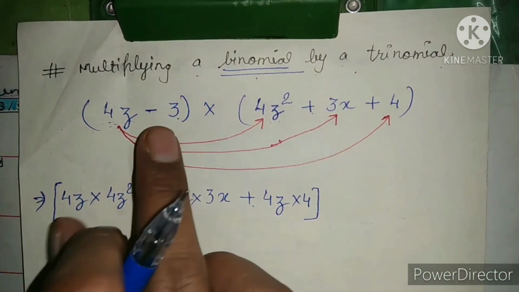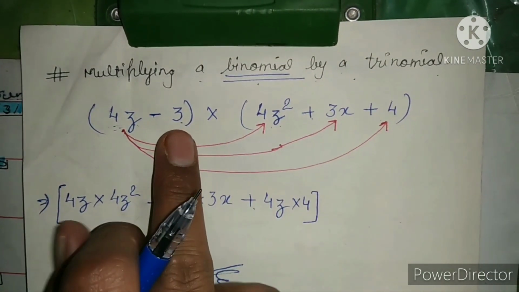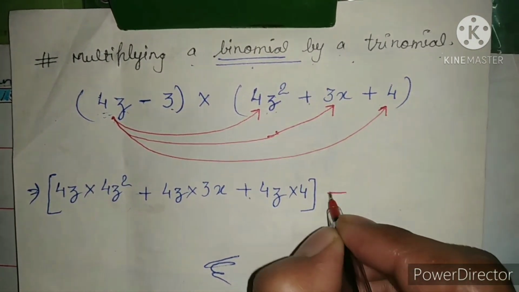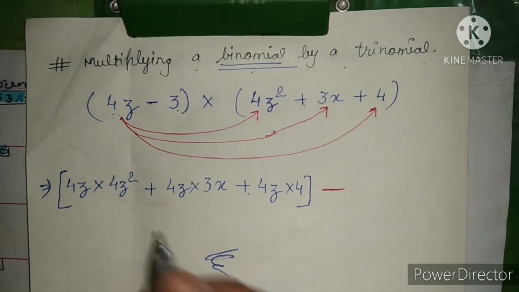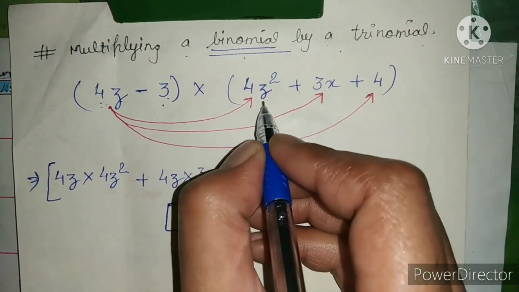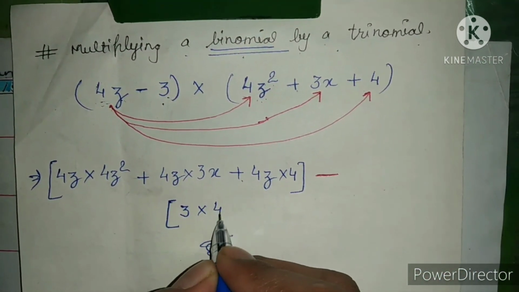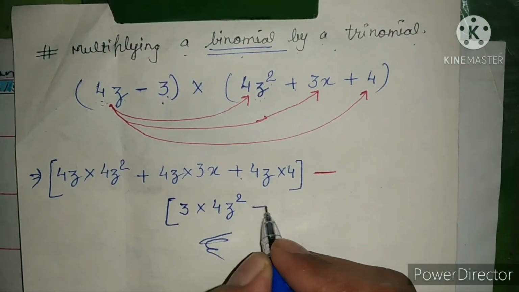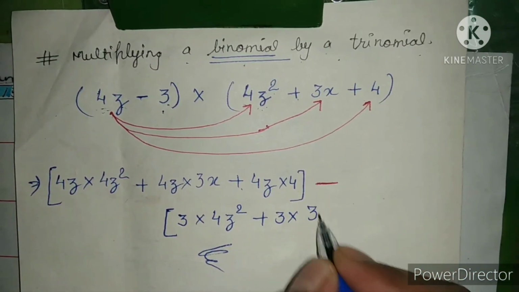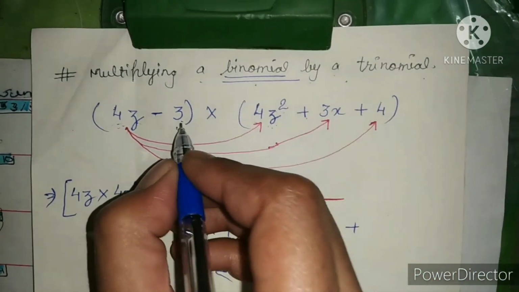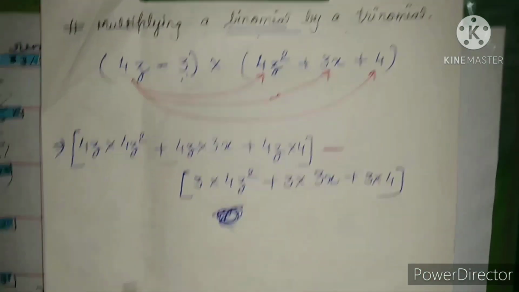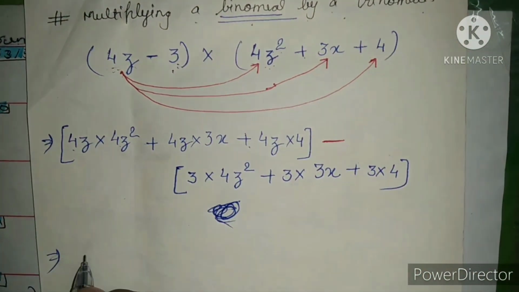Now we have to jump on 3, but before that 3, what is the symbol? Minus symbol, that's why minus symbol will come here. Now 3 will go near to z square, so multiply by z square plus 3 into 3x plus 3 into 4. Now we will solve the brackets. 4 4s are 16.